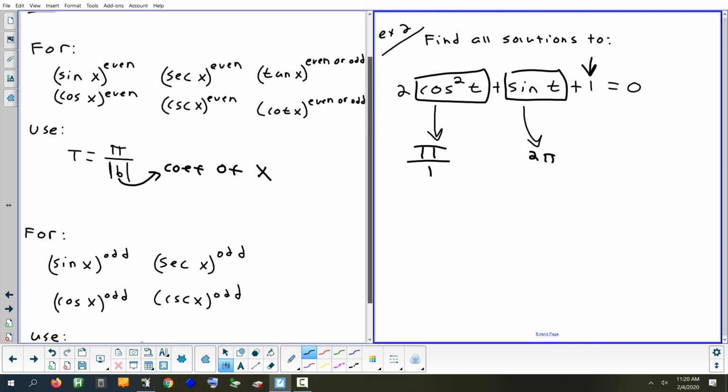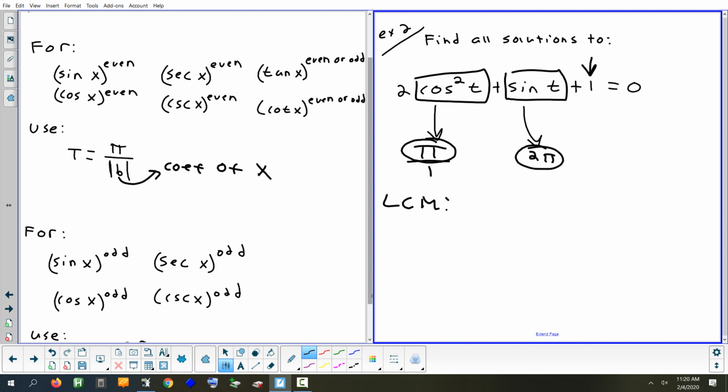So now, you have to find the least common multiple between pi and 2 pi. And that's going to be the period of this whole problem. So, what's the least common multiple of 1 pi and 2 pi? 2 pi. It's like asking you what's the least common multiple of 1 and 2.